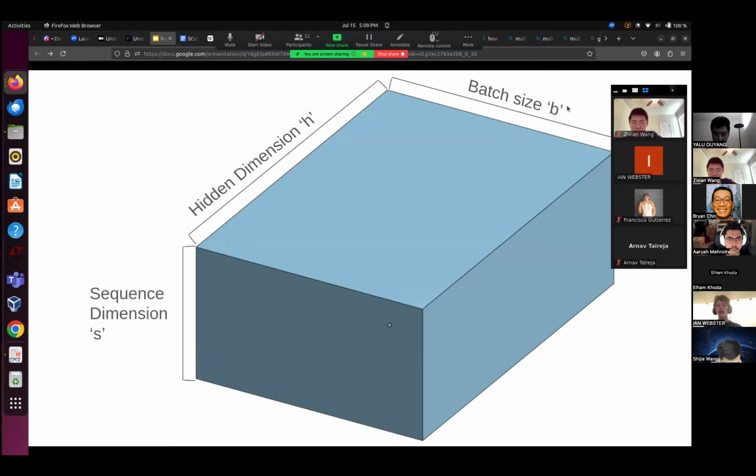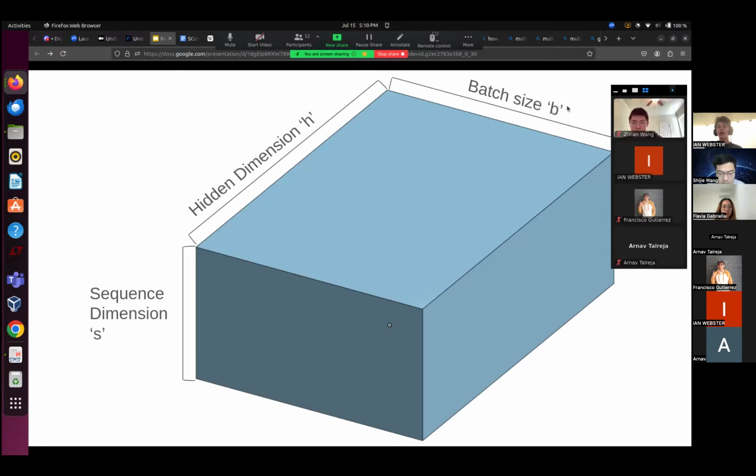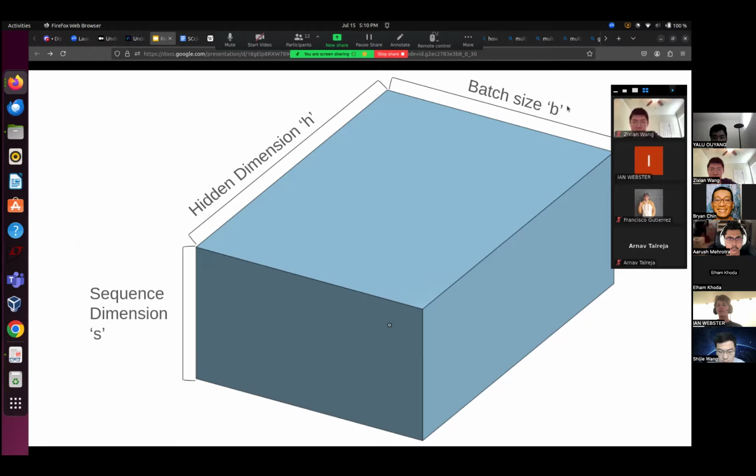We'll store the inputs to all the matrix multiplications that happen. Then when we come back and do back propagation and gradient descent, we're going to use all those stored inputs to the matrix multiplications to calculate the gradients, and then the gradients will be used to calculate how we should update our model's parameters.